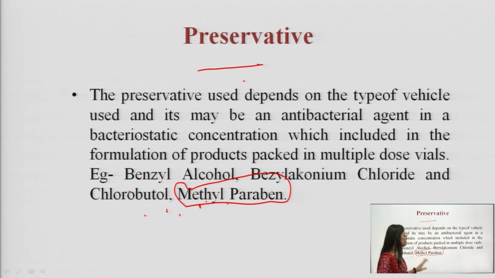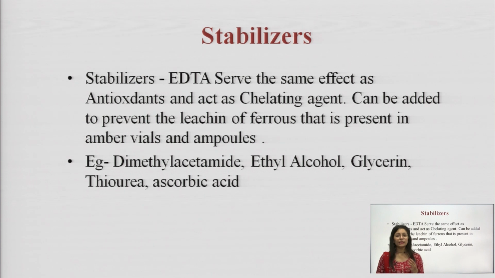Other examples are benzyl alcohol, benzalkonium chloride, chlorobutol. All these preservatives we can use to save our formulation from any kind of antimicrobial infection. Obviously these are to be injected inside the body, so it should be sterile, pyrogen free, and antimicrobial free.